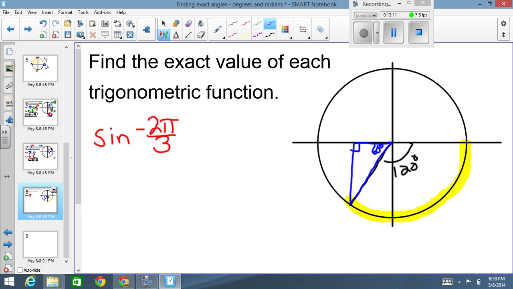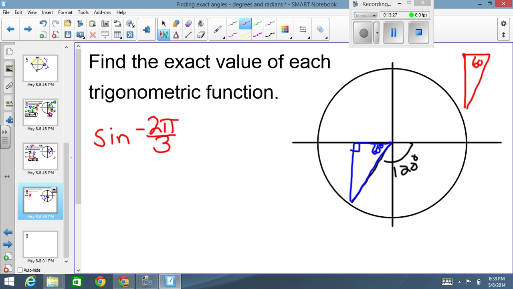Okay, so for every pi over 3 you have 60 degrees. Alright, so now that I know that's 60, I'm going to throw my little template on here for my 30, 60, 90s.